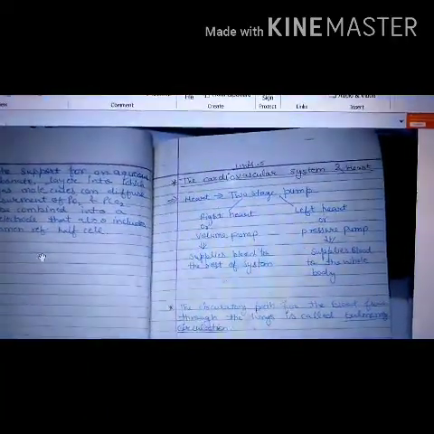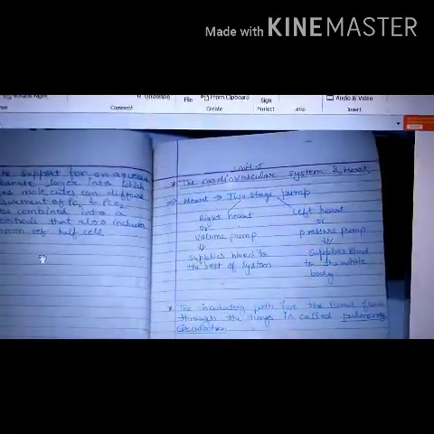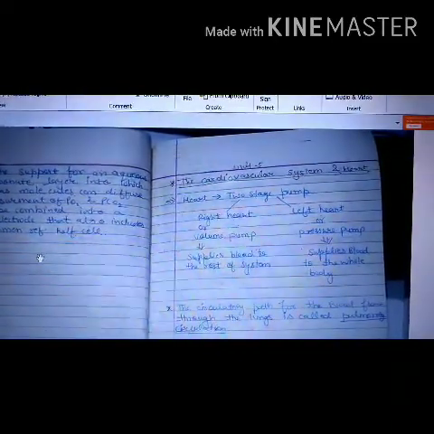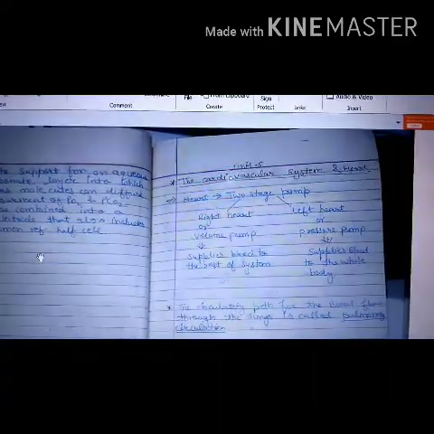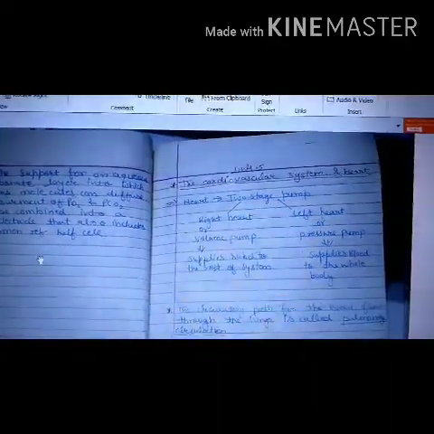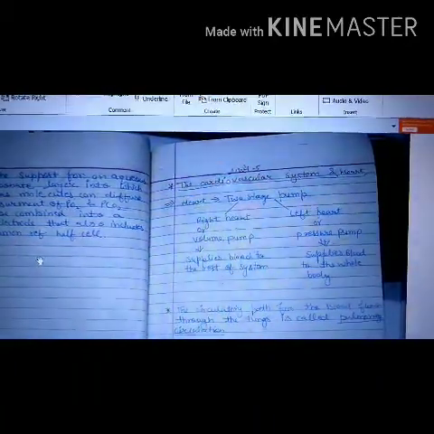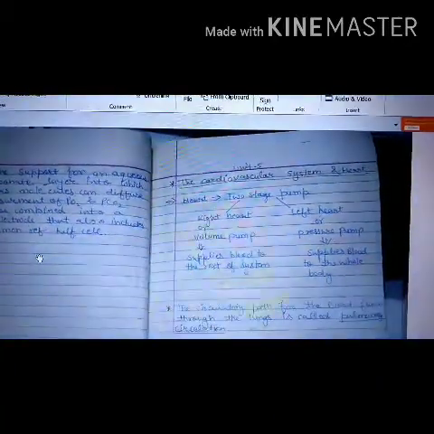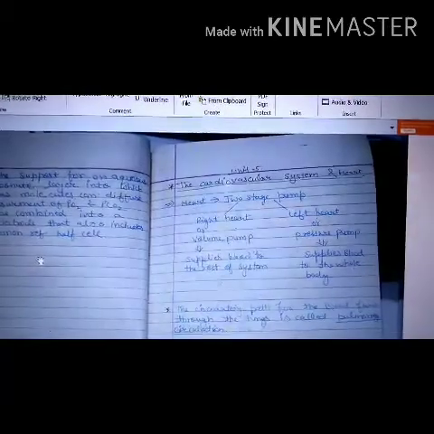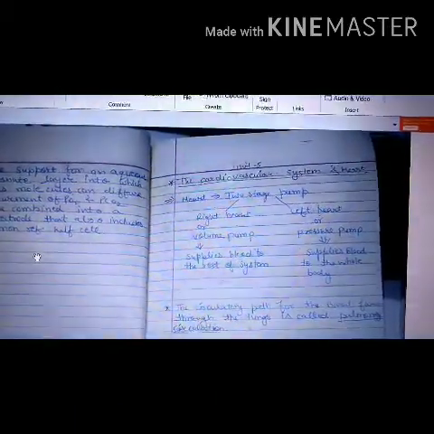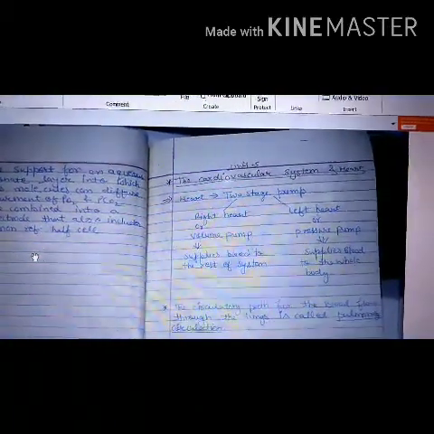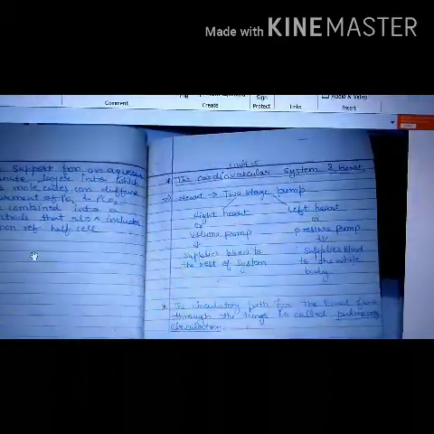Okay, so human heart, it is a two-stage pump. One is the right heart side, which is made up of right atrium and right ventricle. The second one is left heart, and it is made up of left atrium and left ventricle.